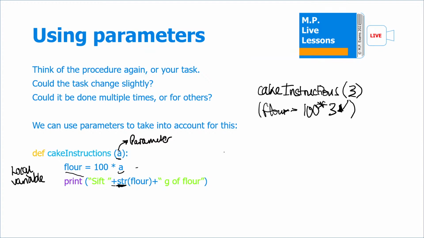And then as a result, it will print out the string sift 300 grams of flour. Whereas if we put 5 instead, it would say 500 grams of flour. So this is a way to adapt your subroutine.